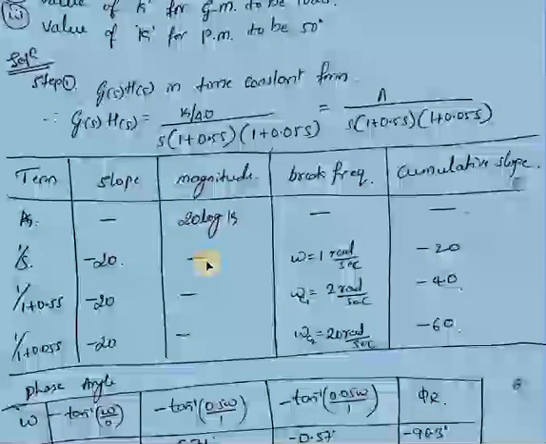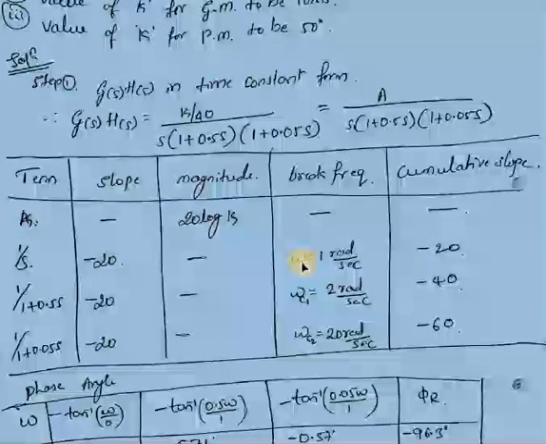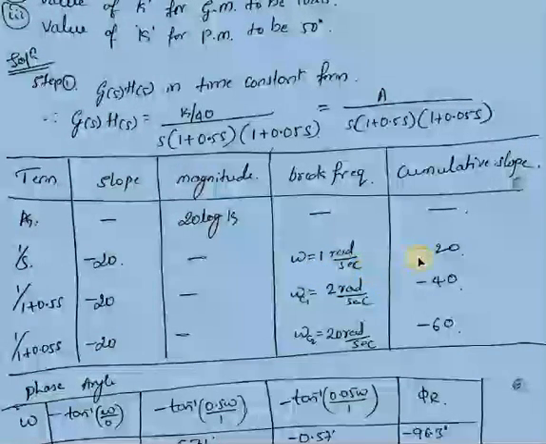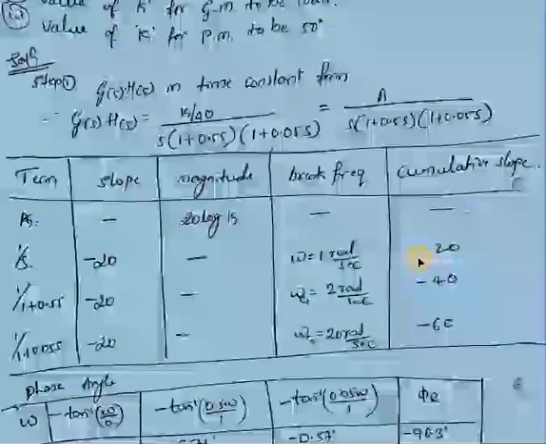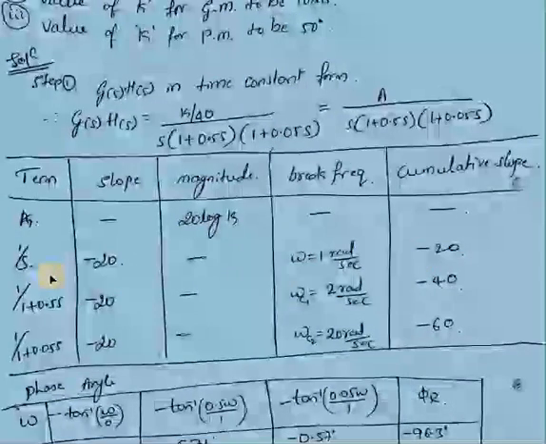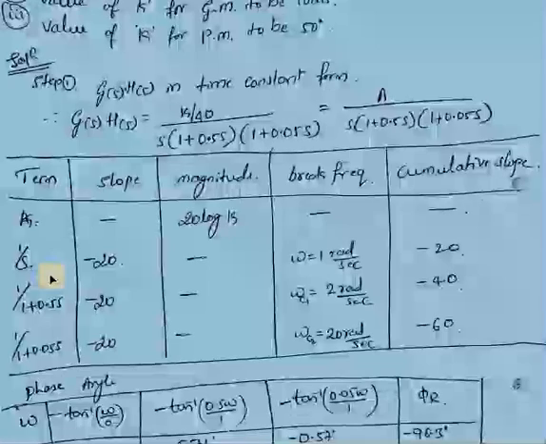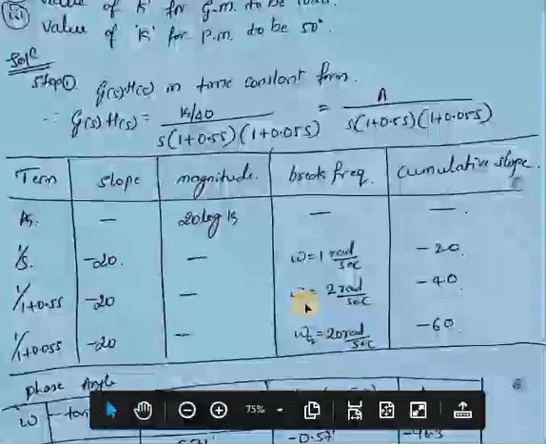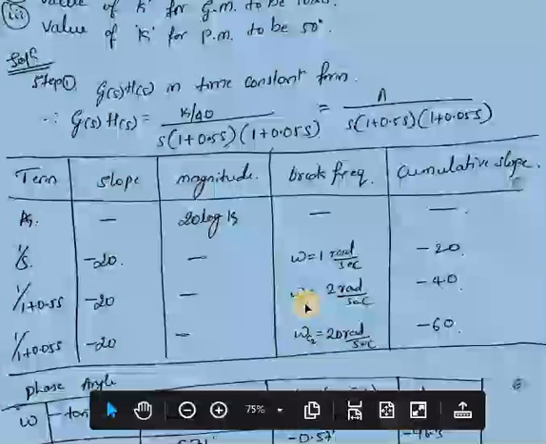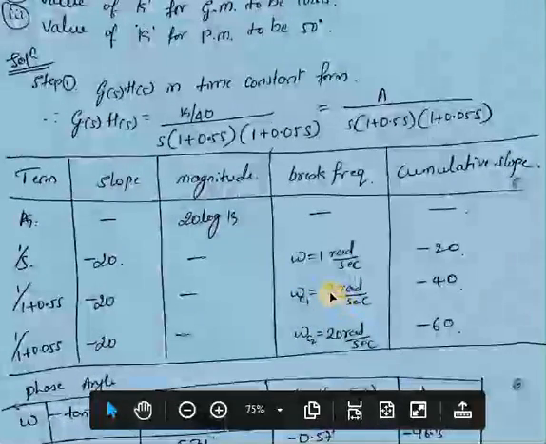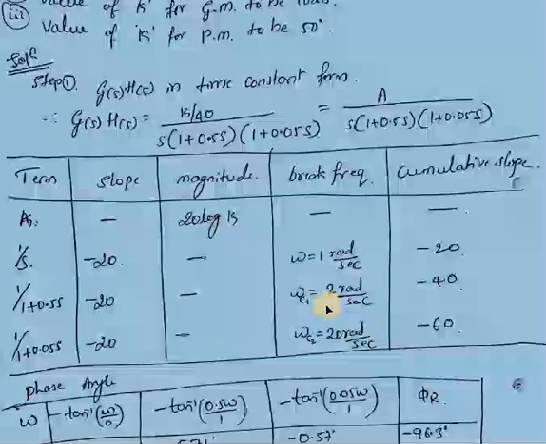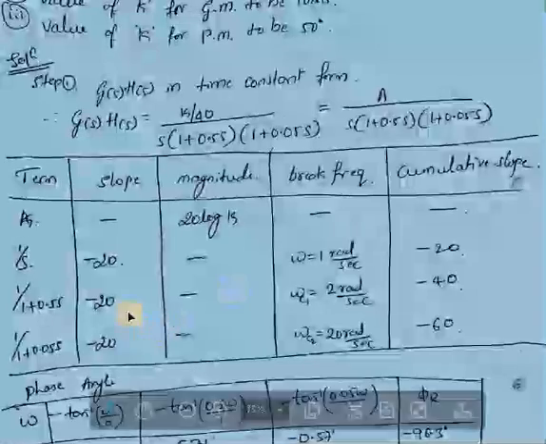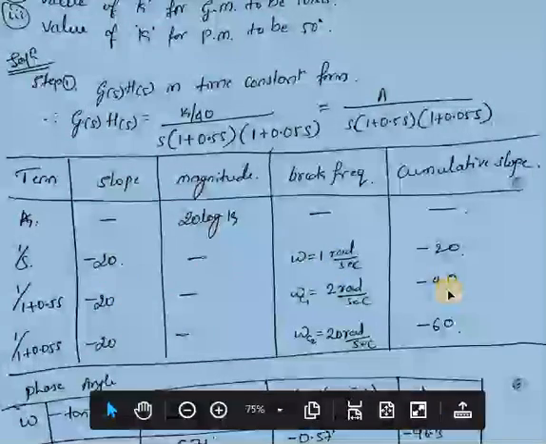Magnitude is 0, omega value is 1 radian per second, and the cumulative slope will be minus 20. Similarly for the second pole, 1 divided by (1 plus 0.5s), slope will be minus 20 and the corner frequency will be 2 radian per second, that is 1 divided by T1, where the value is 0.5. The cumulative slope will be minus 20 and this minus 20 makes minus 40.